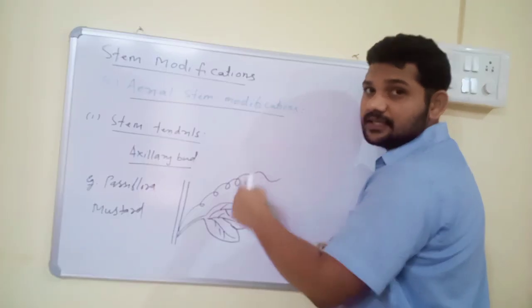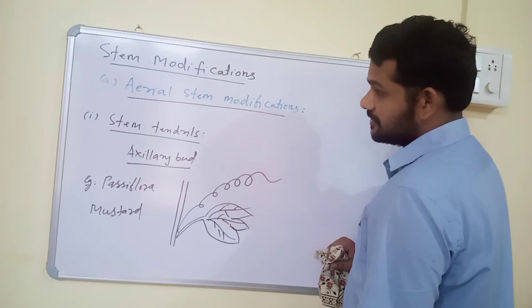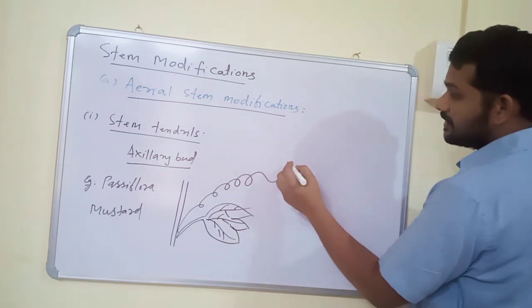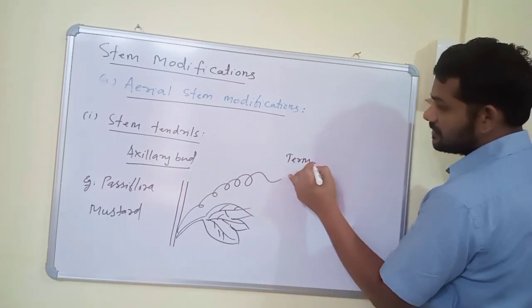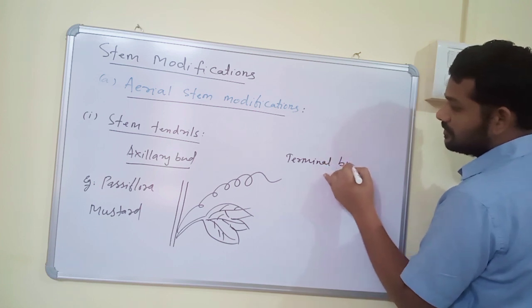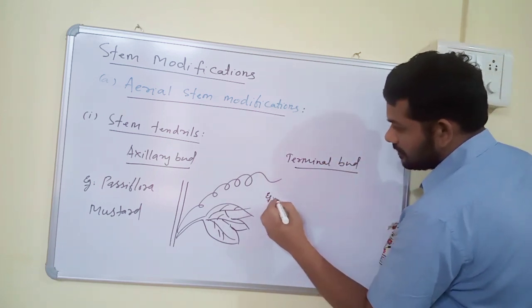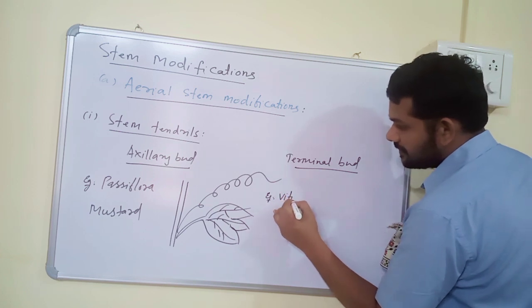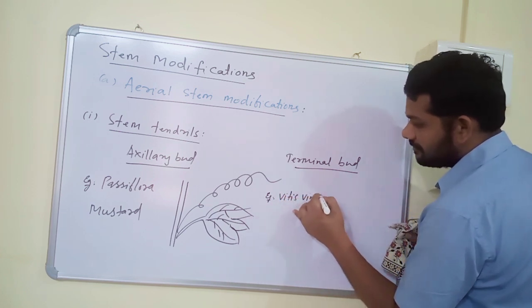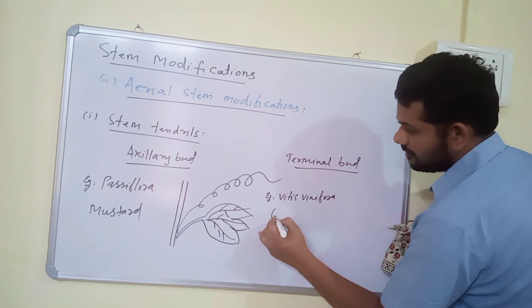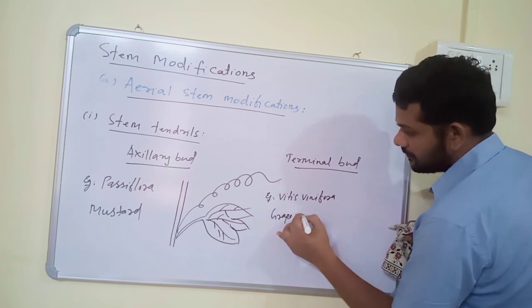Tendrils actually give support to weak stems. And in some cases, the terminal bud is modified into a tendril. For example, Vitis vinifera, which is the scientific name of grapevine.